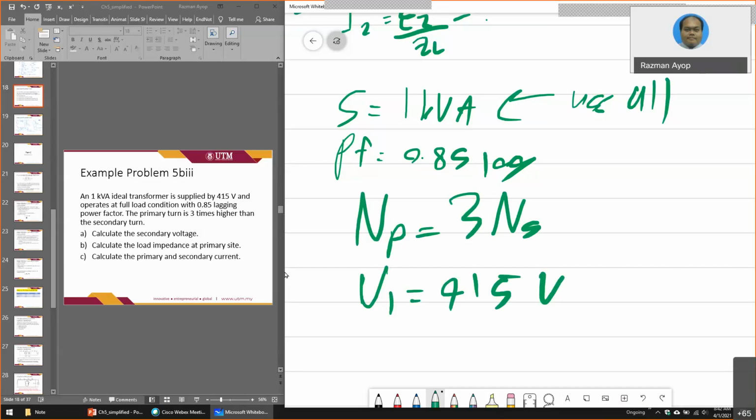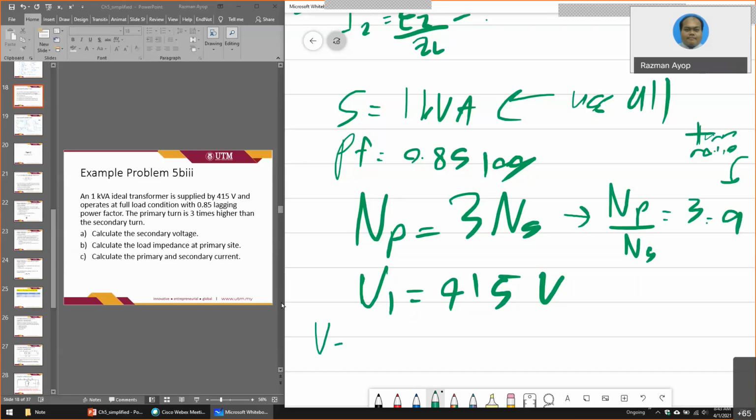And then how to calculate this? So this one you change to NP divided by N secondary equals 3, equals A, the turn ratio. Remember the turn ratio? So NP divided by NS is 3. So calculate the secondary voltage. Because this is ideal, V2 is equal to E2, and V1 is equal to E1.